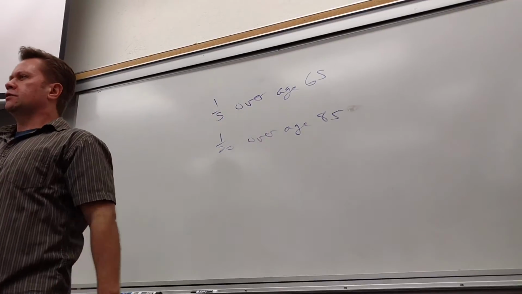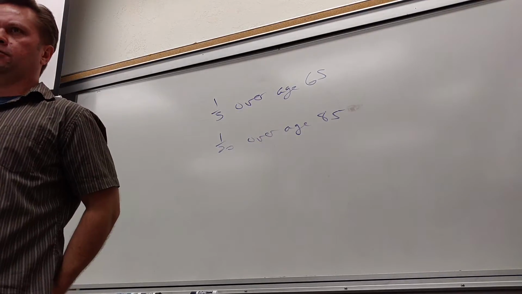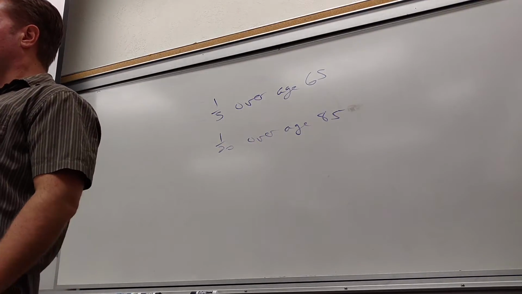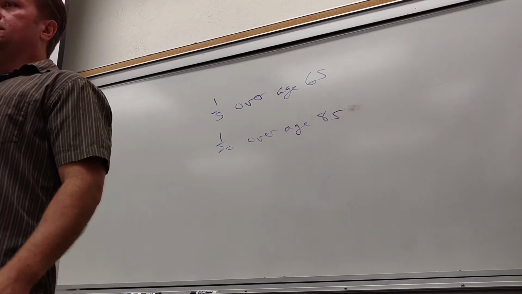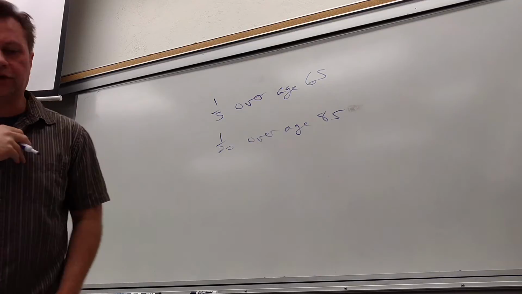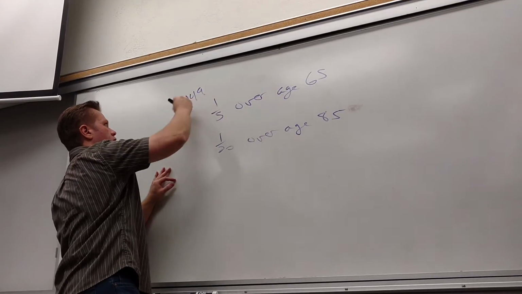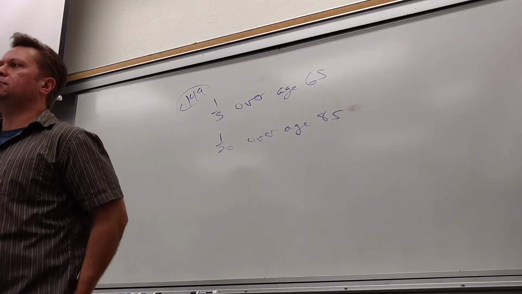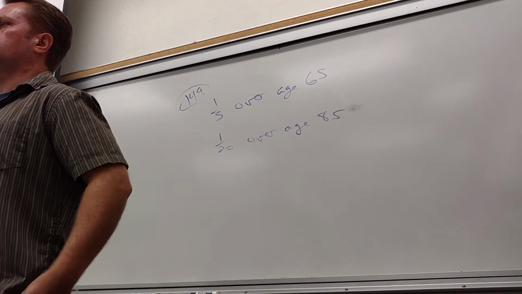This is the prediction for the year 2050. We're all going to get older and older because we're all going to live longer, which is not necessarily a good thing, right? This is number 149. So if you didn't do this problem, that's good because I didn't assign it, but you can ask questions on anything you want to.